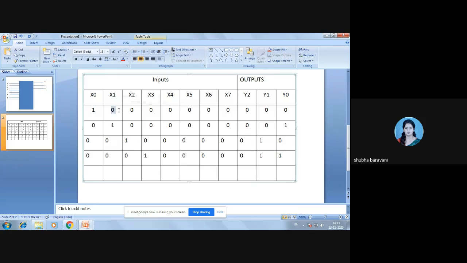But if this is the case, then what would be the output? If at one time two of your inputs are high, what do you think? What would be the output? Let me neglect this. See, if this was the case, you would have got output as 0 0 0. Okay. Now, instead, if this is the case, what do you think? What would be the output?